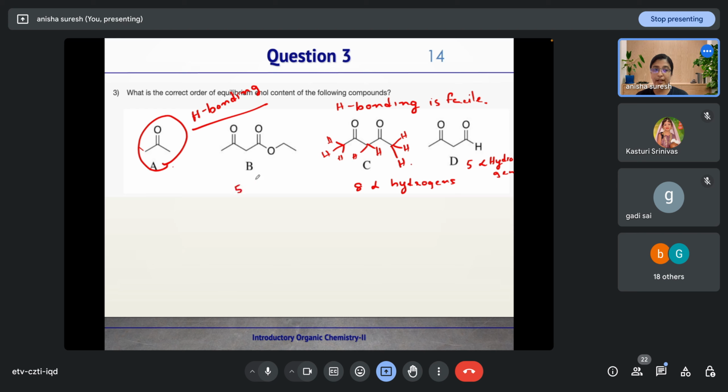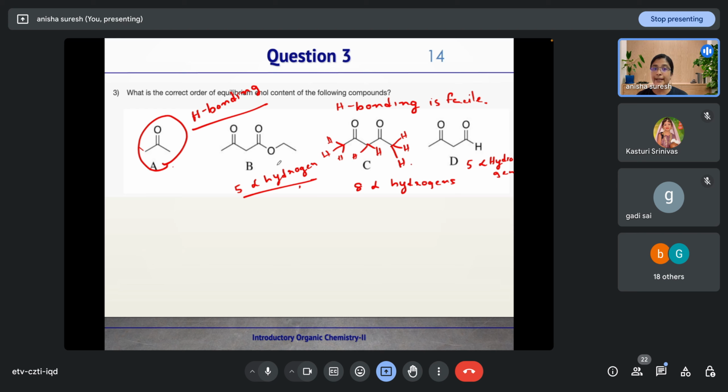This is also having 5 alpha hydrogens. So C will be the one which is having the most equilibrium enol content. From B, C and D, since the number of alpha hydrogens is more for C, C will be having the most equilibrium enol content.